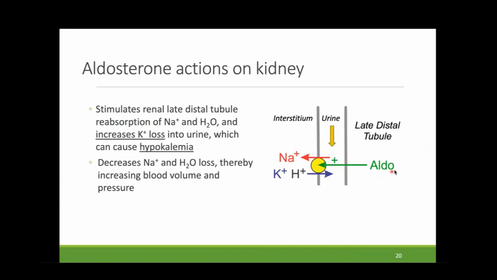So when you have increased release of aldosterone, yes, it helps to reabsorb sodium and water, which follows the sodium. So it helps increase the blood volume. But at the same time, it causes an increased loss of potassium. And so therefore, high levels of circulating aldosterone are associated with increased potassium loss to the urine and therefore hypokalemia.